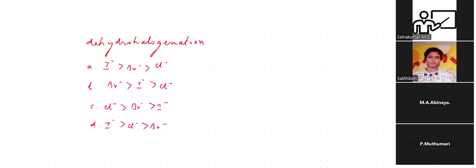The correct order is the first one. Because dehydrohalogenation will take place much more easily in the form of HI. Dehydrohalogenation in the form of HBr will be the next one. In the form of HCl will be the least one. So the order is this.